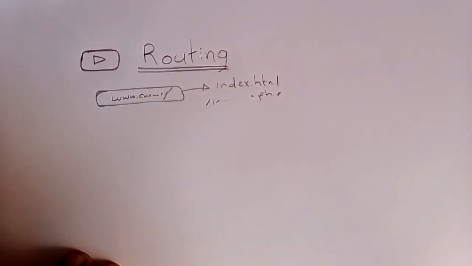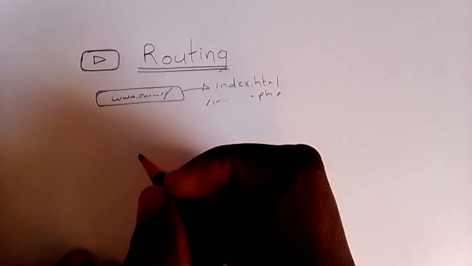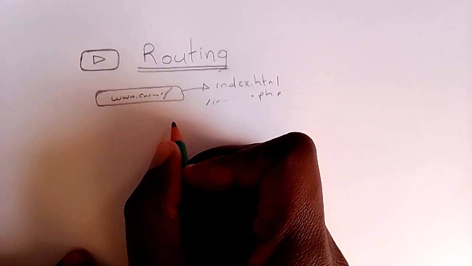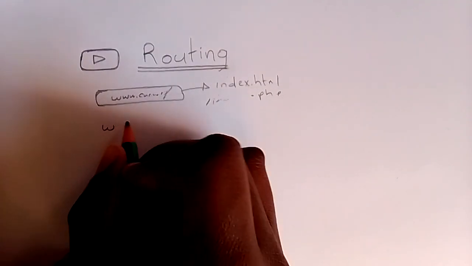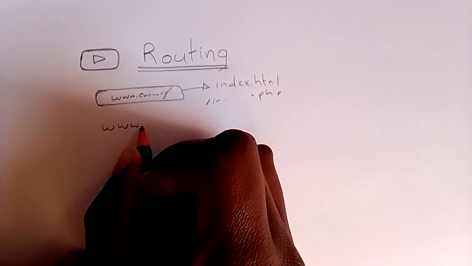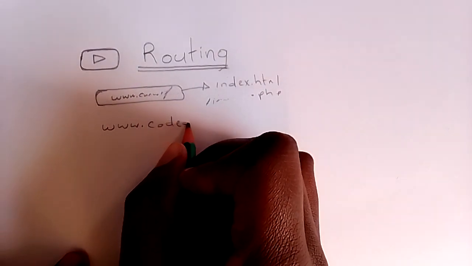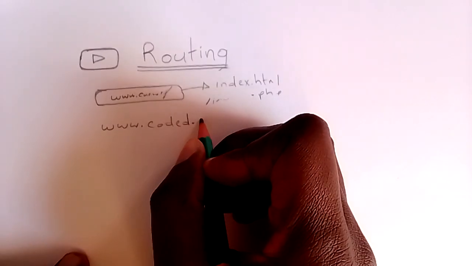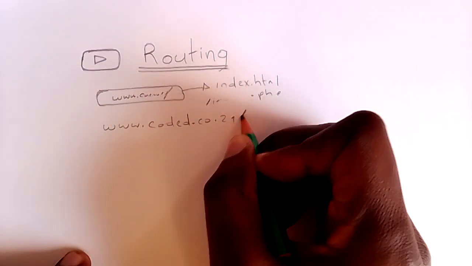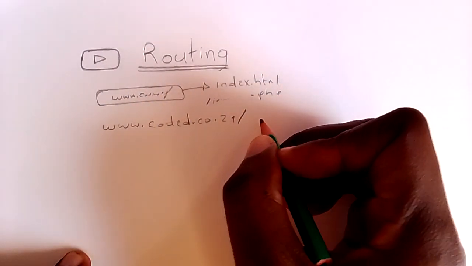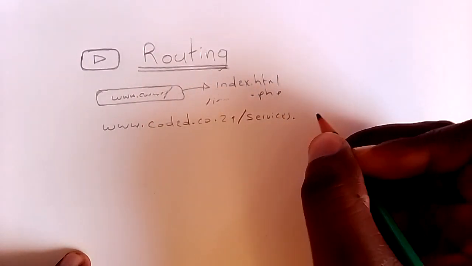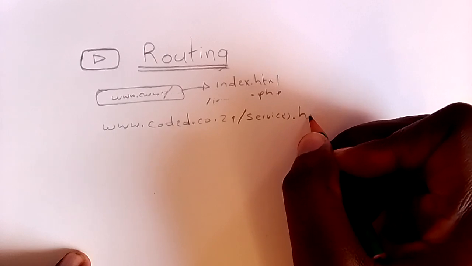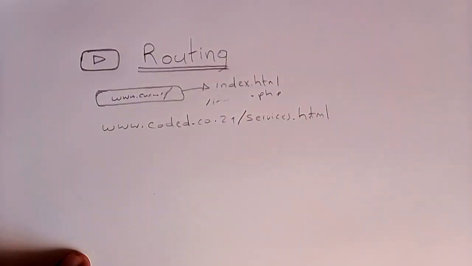But now, in the general way of doing things, let's say you have clicked into a page on this site. In the URL you will see something like www.coded.co.za/services.html.